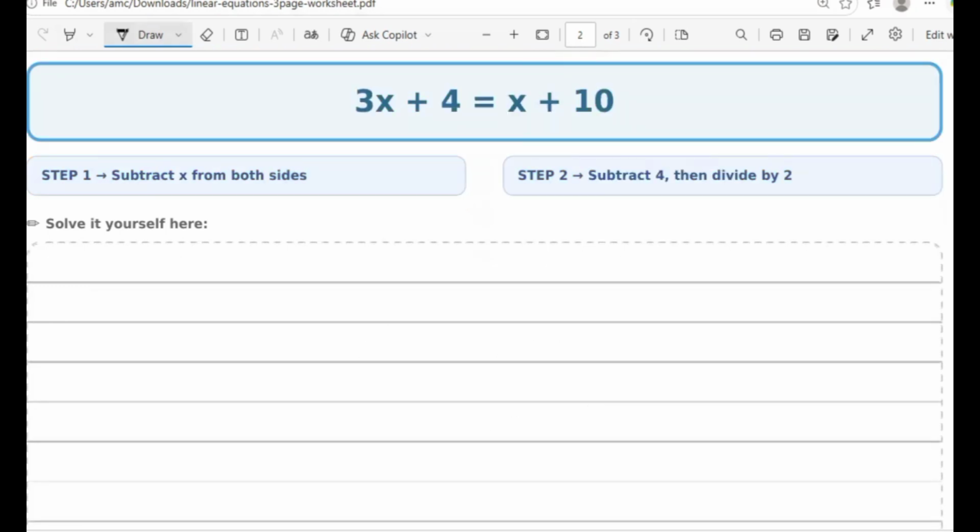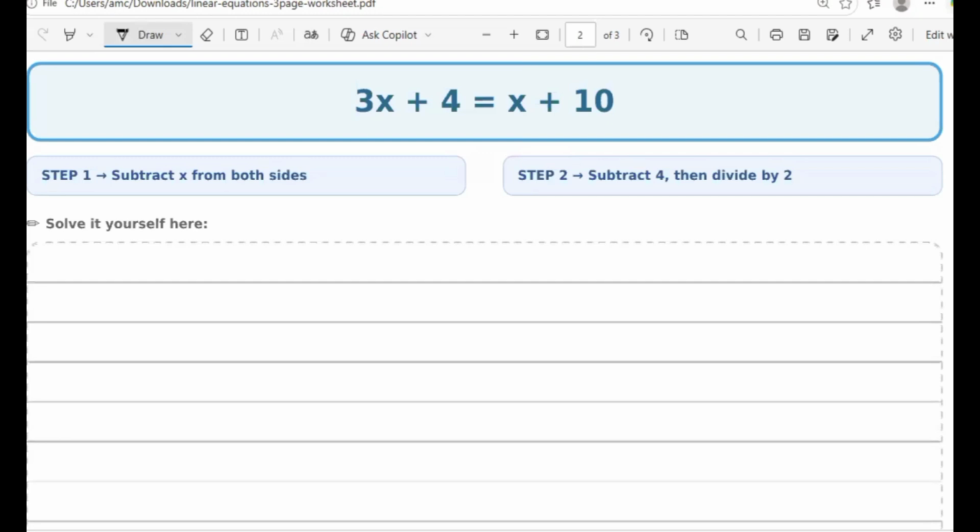Our next example is 3x plus 4 is equal to x plus 10. This one looks scary because x is on both sides. Don't panic. Same rule applies. Step 1, get all x terms on one side. Let's move x from the right side to the left side.